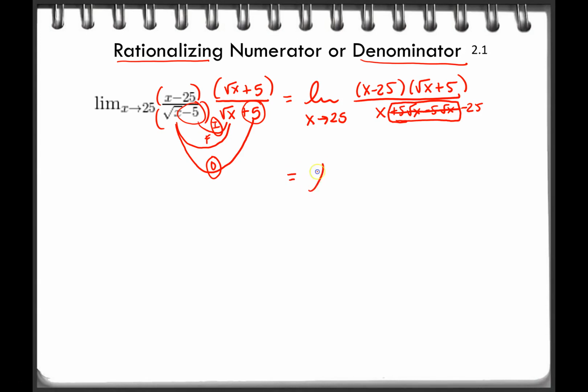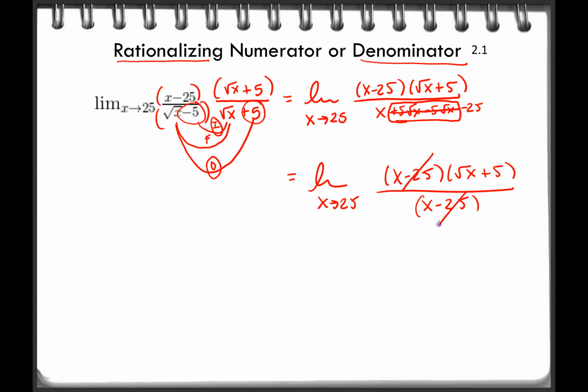So what do I really have? I have the limit as x approaches 25, and in the numerator I've got x minus 25 times root x plus 5, and on the denominator I simply have x minus 25. And you're correct if you say, oh, these two things cancel, and I'm left with the limit as x approaches 25 of the square root of x plus 5.